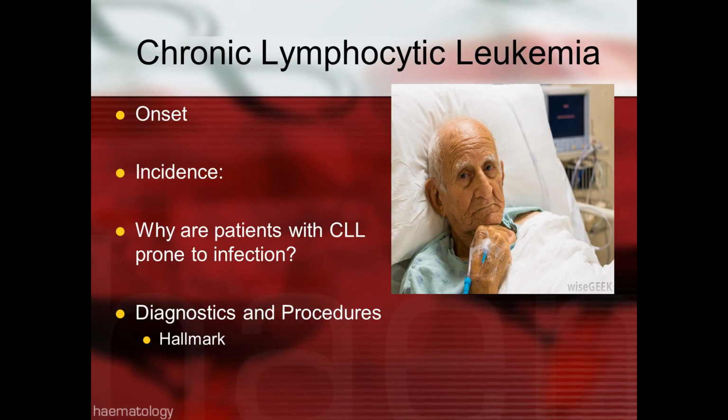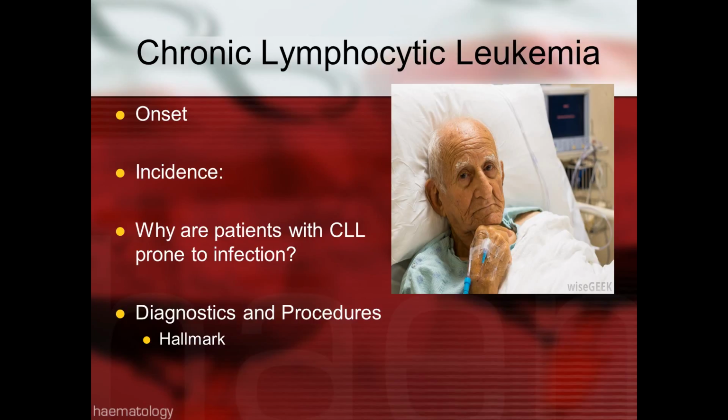One-third of all leukemias, mainly in older persons with an average age of 72, and we rarely see chronic lymphocytic leukemia in someone less than 40. In CLL, what we see is a clonal malignancy of B lymphocytes. It's the most common form of leukemia in adults in the Western world.